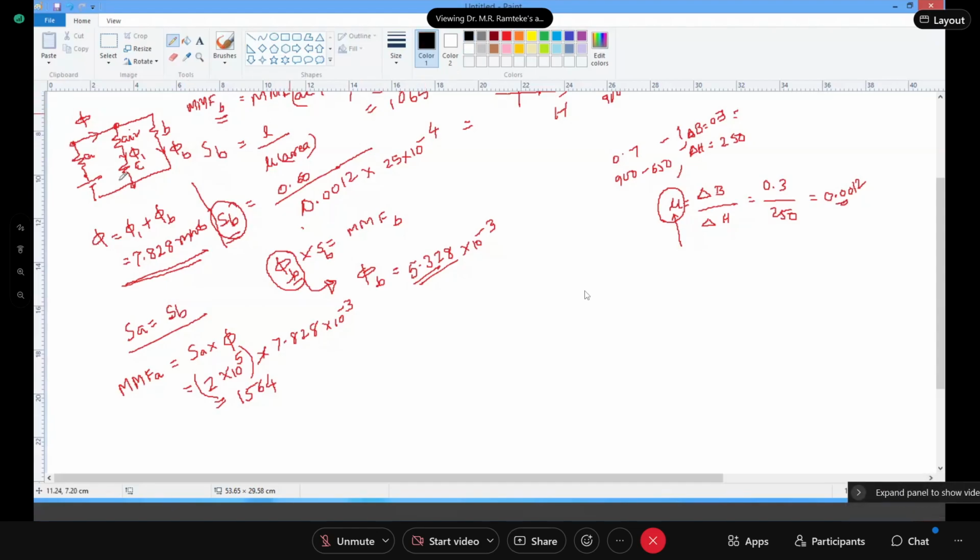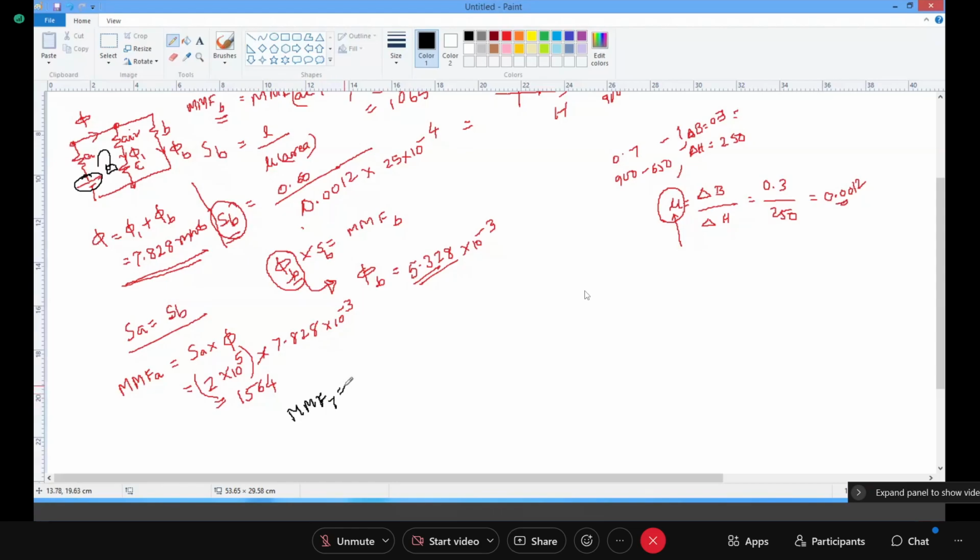You can apply Kirchhoff's voltage law for this loop. So now you can add the MMF required, or total MMF.